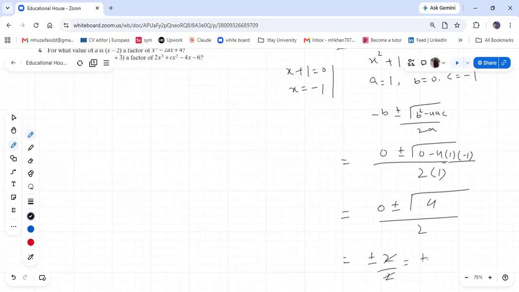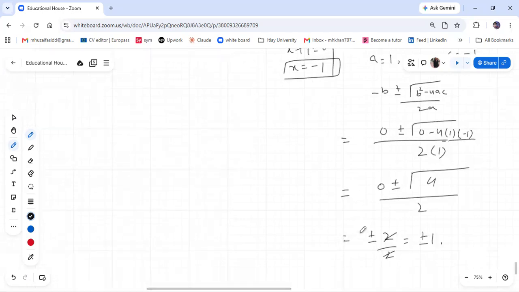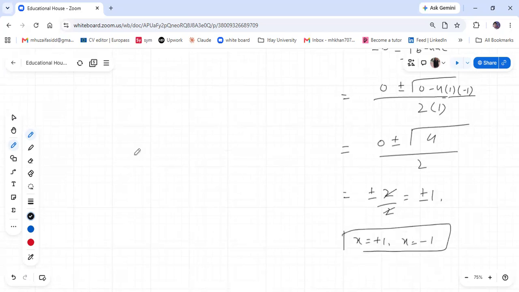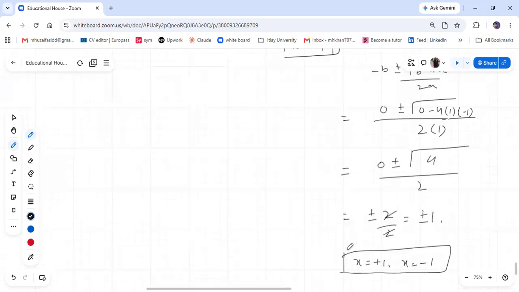This gives us plus minus 1. So one answer is x is equal to minus 1, and the second and third answers are x is equal to plus 1, and x is equal to again minus 1. Got it? Yes, sir.